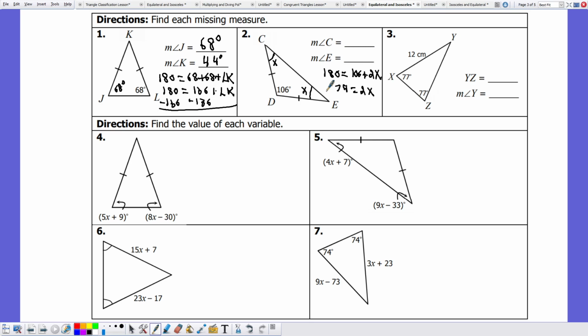Then we simply divide by 2 on both sides, and we see that x is equal to 37. And since both angles C and E have the same measure, they must both be 37 degrees.